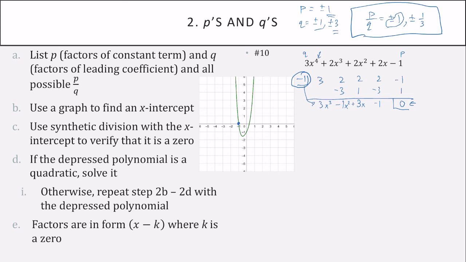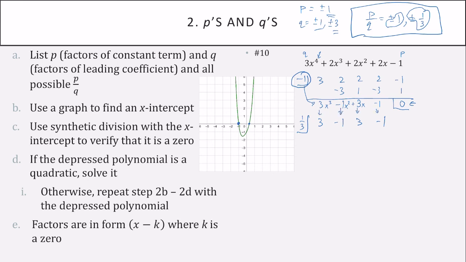We need to find another x-intercept. How about right there? Well, it's not 0 or 1. It's between 0 and 1. Do I have a p over q that's between 0 and 1? Sure, I've got 1/3. So we're going to try synthetic division with 1/3. Notice I'm using the depressed polynomial. You want to do that.